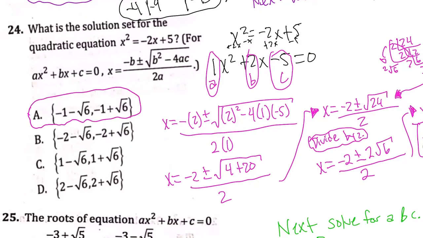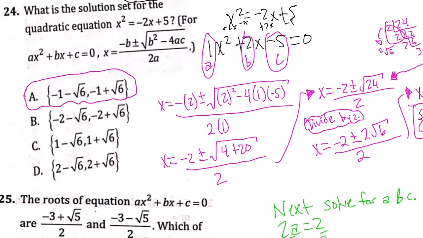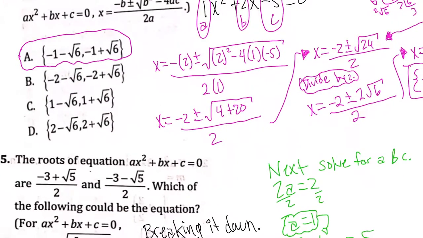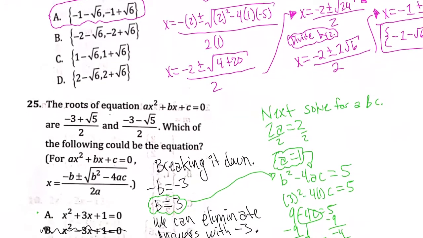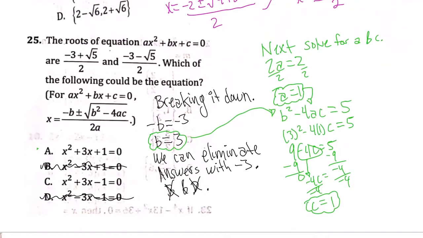That is how you do that one. And then last but not least, again, what we have to do is break it down. The roots of equations ax squared plus bx plus c equals 0 are, and so this is the root, so this is like my final answers. Which of the following could be the equation for this whole thing?